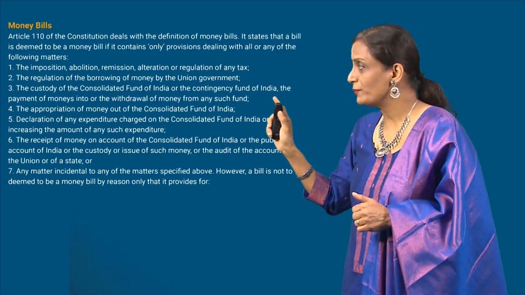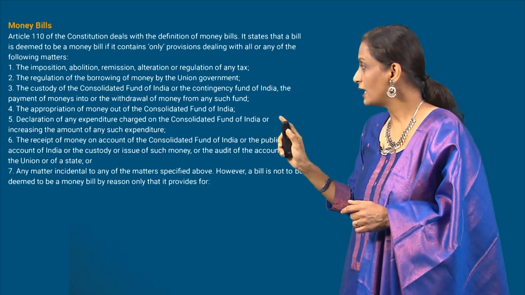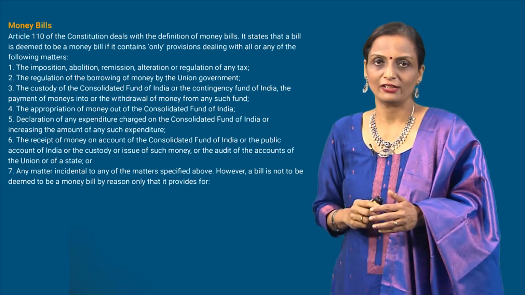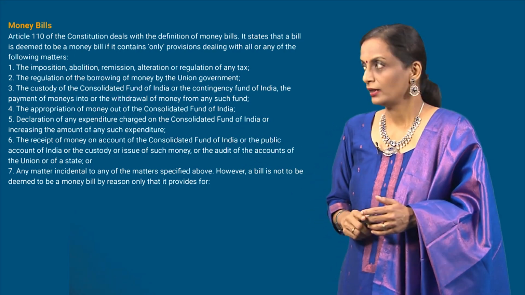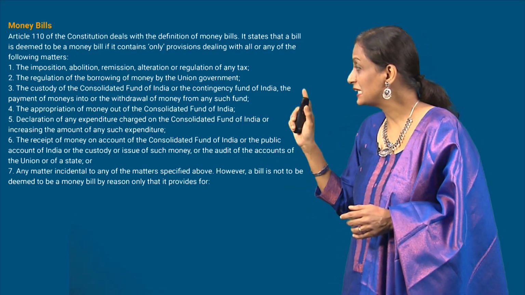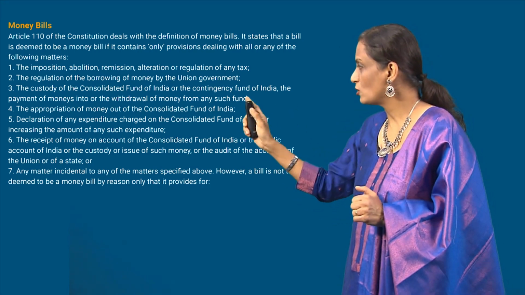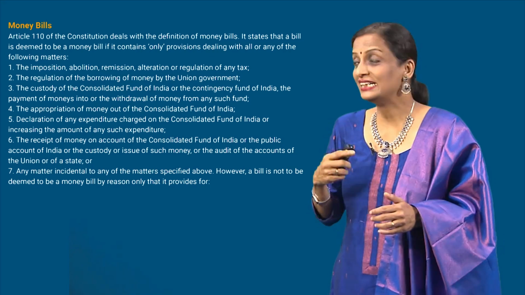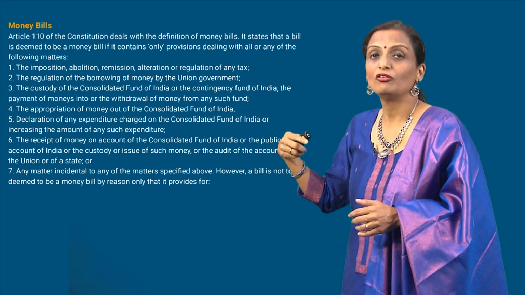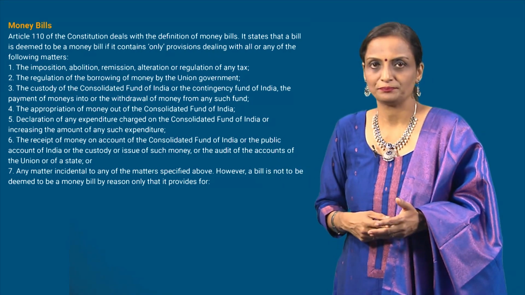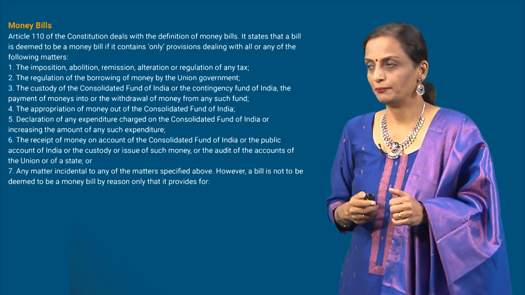Also, the appropriation of money must come out of the Consolidated Fund of India. And the fifth point is the declaration of any expenditure charged on the Consolidated Fund of India or increasing the amount of any such expenditure. Then a money bill can come.